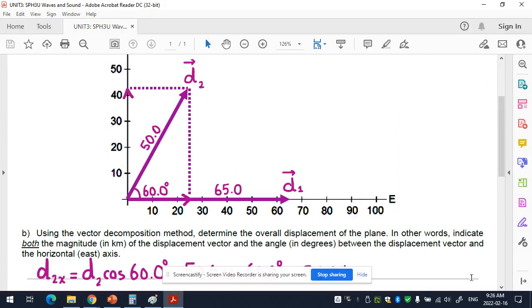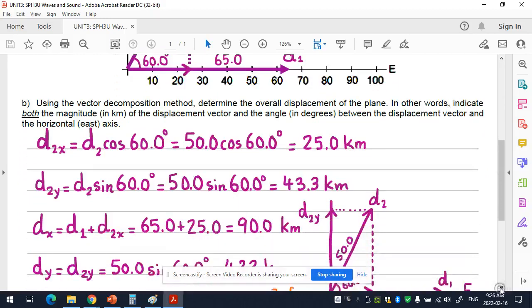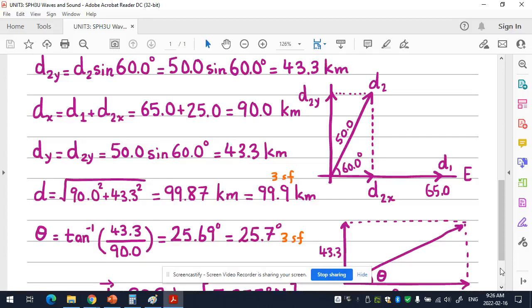Look how detailed I went in my diagram. You don't have to be that detailed, but when I post this, everything should make sense. What does D2y mean? Distance 2 on which axis?